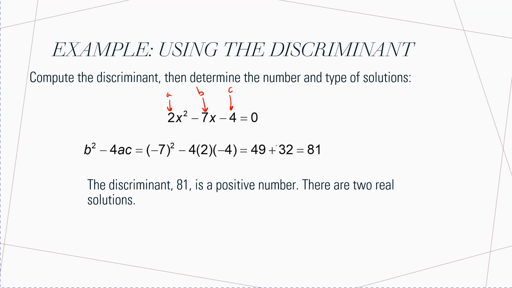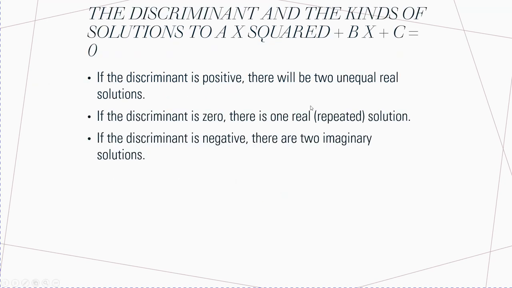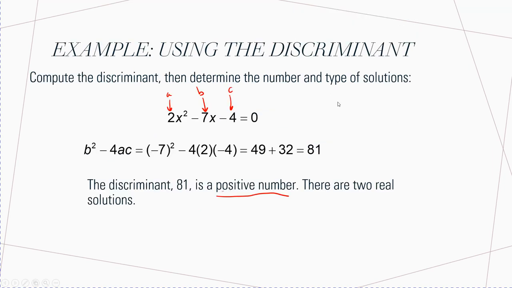You'd end up getting 49 plus 32 is equal to 81. So since the discriminant is a positive number here, if it's positive, there's going to be two unequal real solutions. So we're going to get two different real numbers as the solutions. And what's interesting here is because this is a perfect square, you could solve this very quickly and easily by factoring.